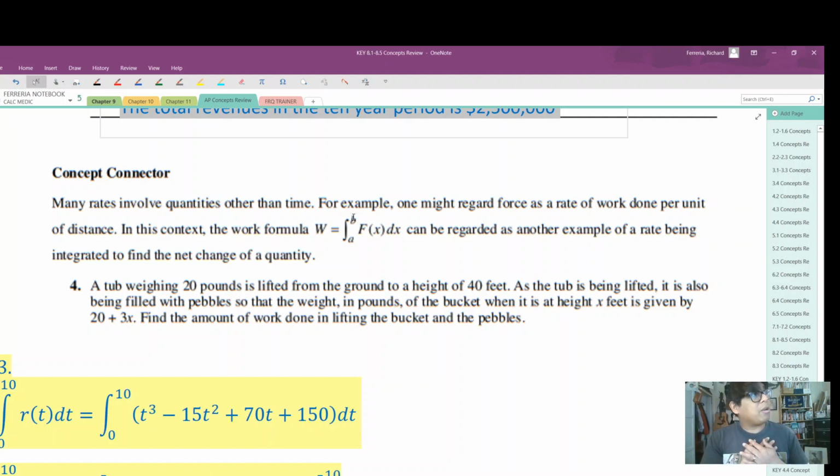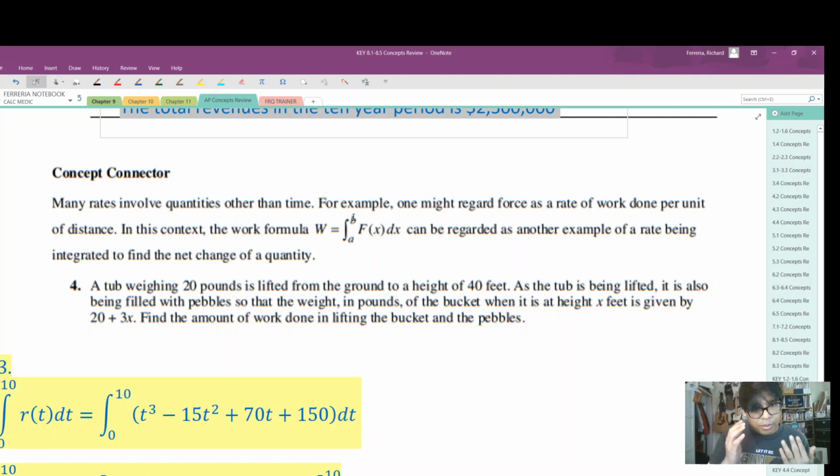So many rates involve quantities other than time. For example, one might regard force as a rate of work done per unit of distance. In this context, the work formula W is going to be an integral from a to b of f of x dx, which can be regarded as another example of a rate being integrated for a net change.